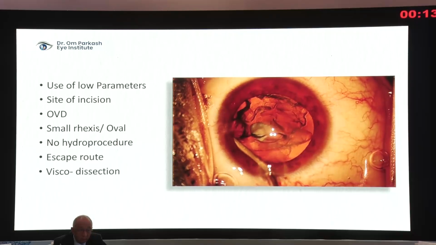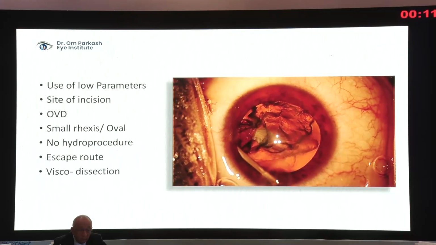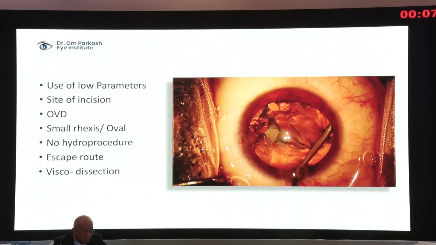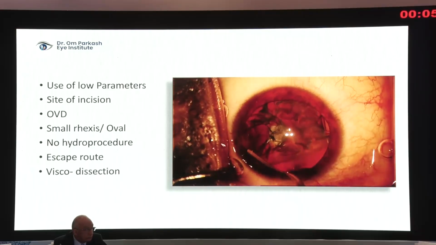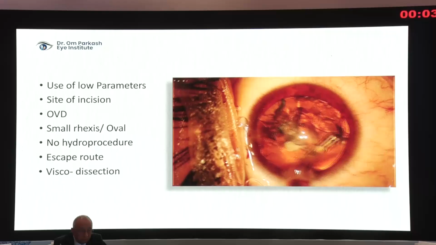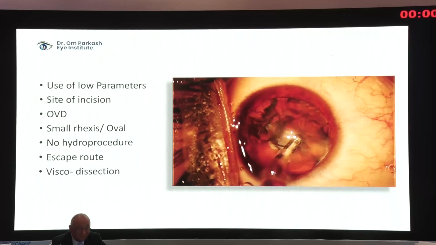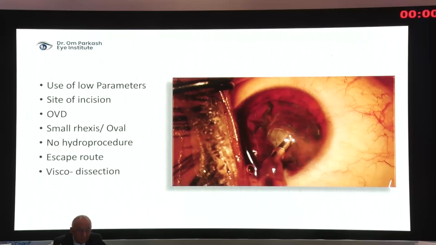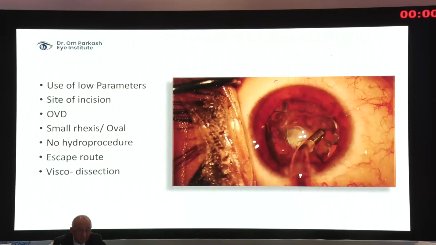Visco dissection was also done, which further released the corticocapsular adhesions. Once these adhesions were broken, I thought that the nucleus was very soft, so I took my IA probe, and with the IA probe, I was able to dislodge all the epinucleus nucleus mass.